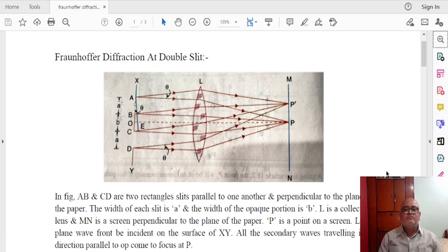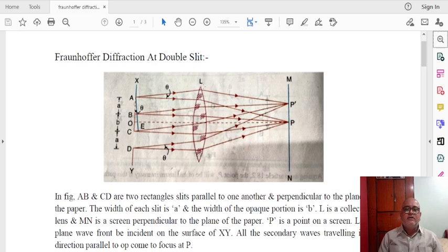See now, this is a lens, this is a screen. Here AB and CD are the two rectangular slits which are parallel to one another, and these slits are perpendicular to the plane of the paper.